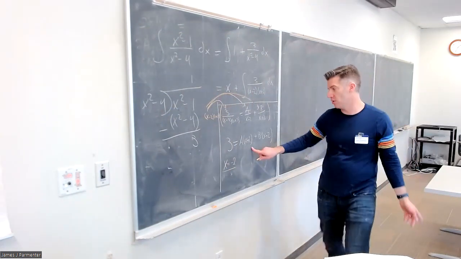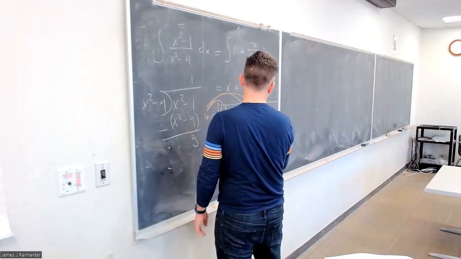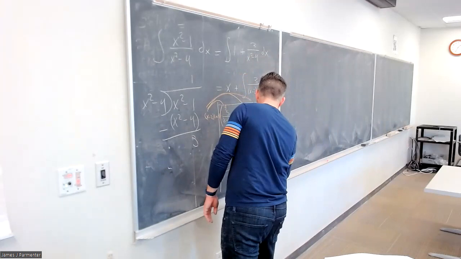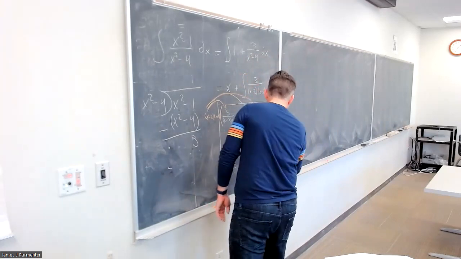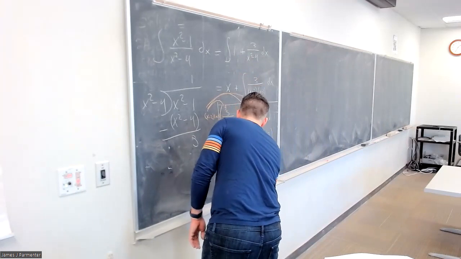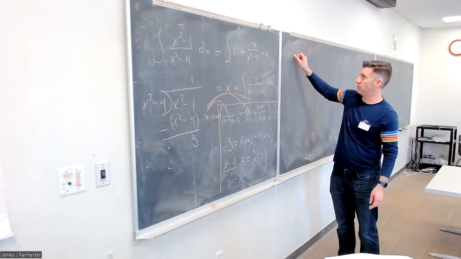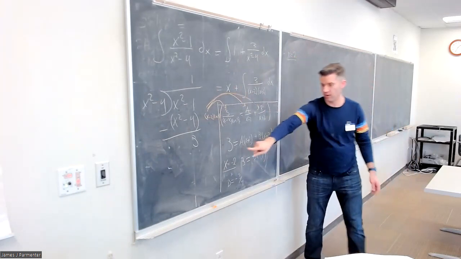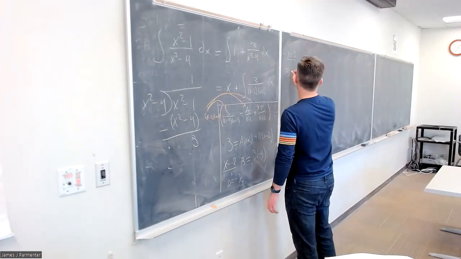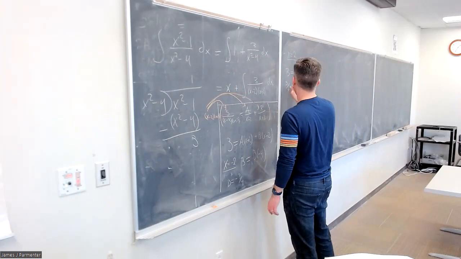So if x is -2, I have 3 on the left, and A times 0 plus B times -4. So B is -3/4. And then similarly, setting x equal to 2, I get 3 equal to A times 4 plus B times 0. So A is equal to 3/4.